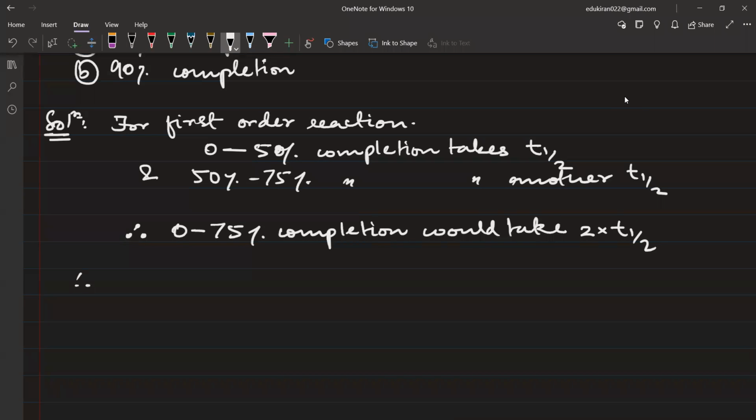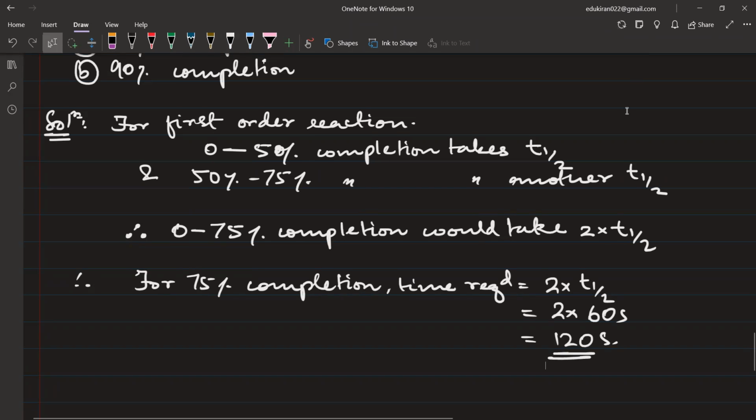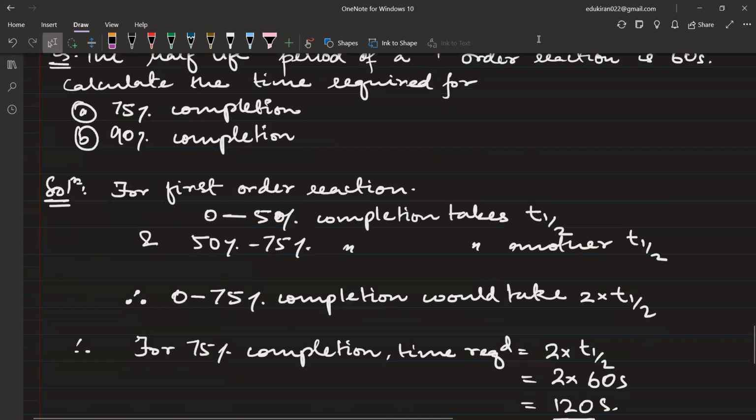Therefore we'll write for 75% completion, time required is equal to 2 times of T half, है ना. T half दिया हुआ है 60 seconds, that is equal to 120 seconds. बस बताइए समझ में.